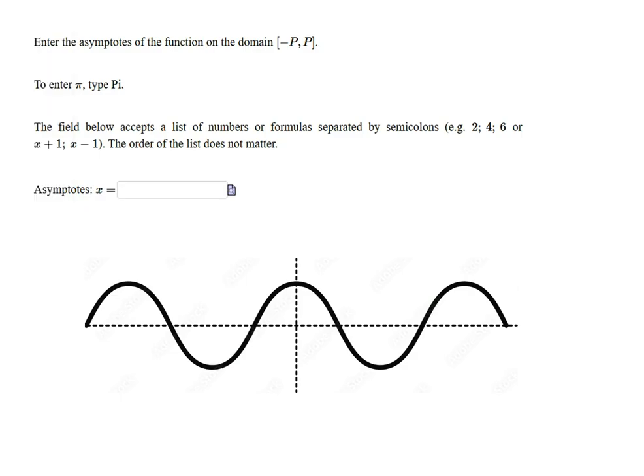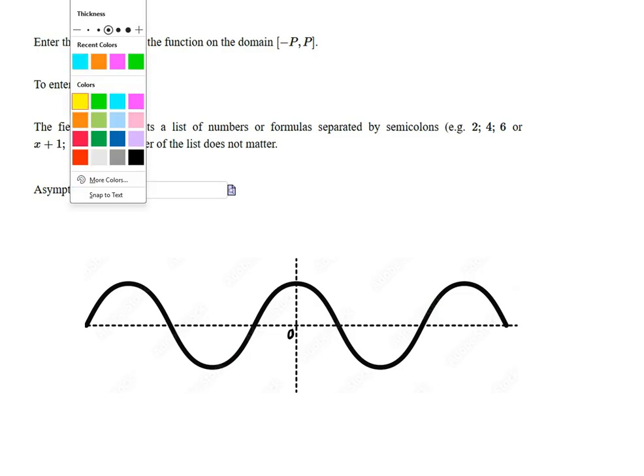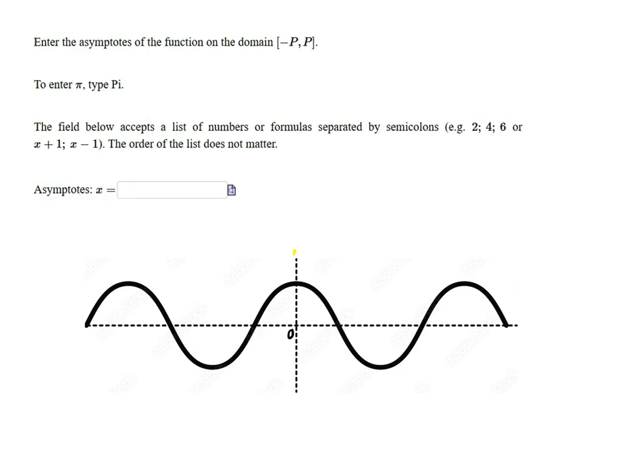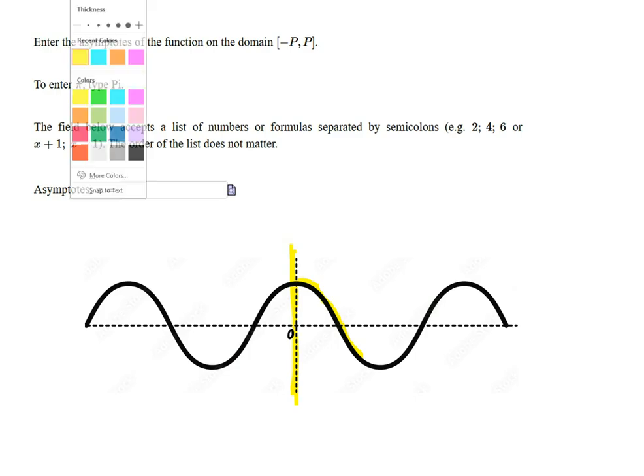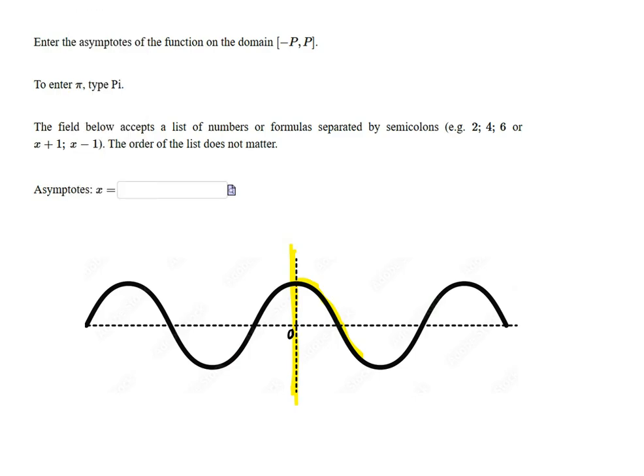Okay, so this is 0. Now our period is 8, and from your normal cosine graph, it starts here, and it's going to cross here. Your normal cosine function, this would be 1 period right here.